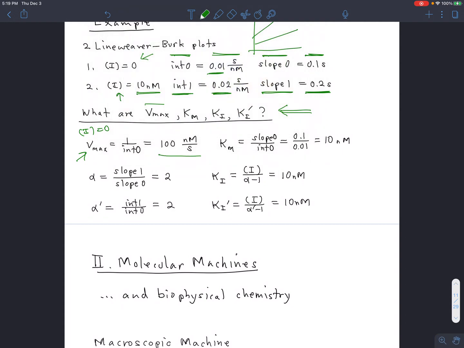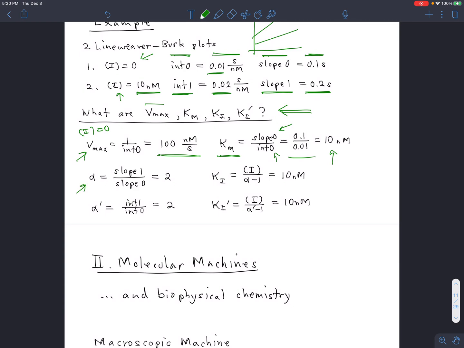And that's 100 nanomolar per second. So that's the maximum rate at which this enzyme goes in the absence of inhibitor. Km is the slope in the absence of inhibitor divided by the intercept, and that's 0.1 over 0.01, which is 10 nanomolar. So saturation begins to occur when substrate is in the order of nanomolars.